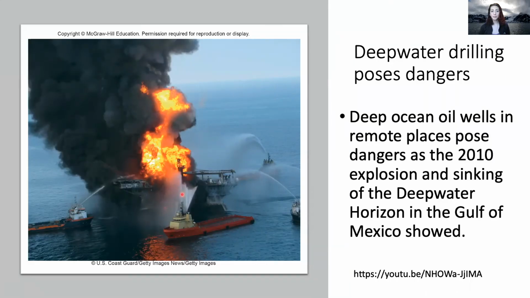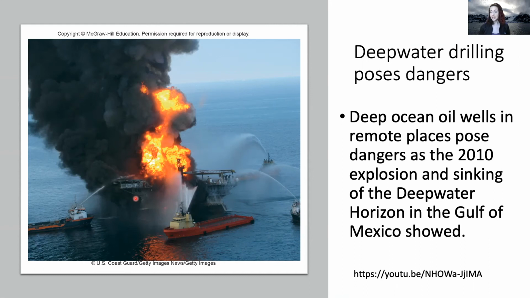Deep water drilling poses extreme dangers. We have an image here of the Deepwater Horizon spill that occurred in the Gulf of Mexico in the year 2010. This is when there was a blowout in the well that was drilled into the bottom of the seafloor, and it failed to be contained for nearly 90 days.